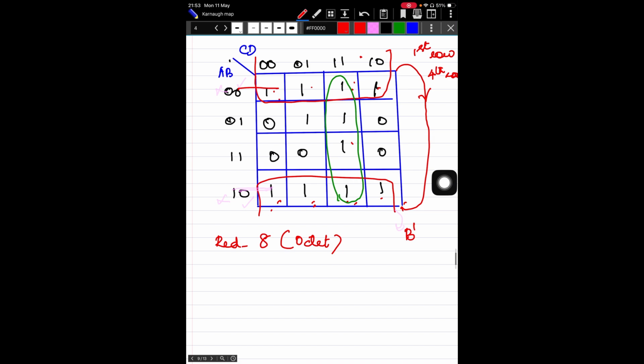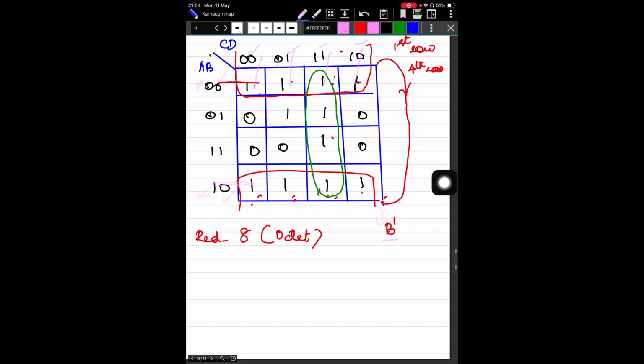Am I right? And I'll project it column wise. Here, here, here, here. Definitely, as it is evident, no column can be same because C is 0, 0, 1, 1, not common. D is 0, 1, 1, 0, not common. So what is the name of the red group? The name of the red group is B dash.